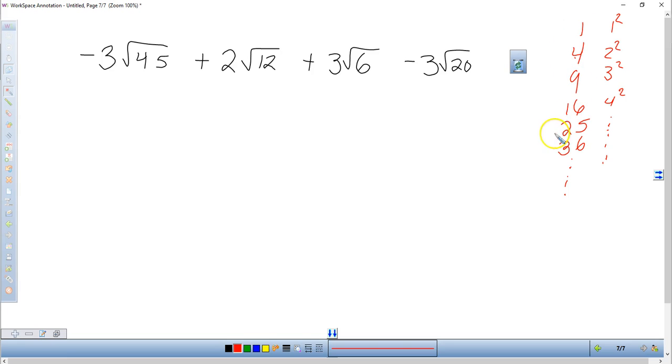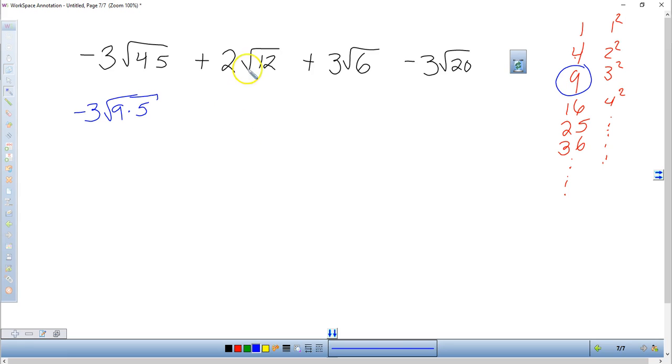That's how we generate this list. Is there a perfect square from my list that divides into 45? And the answer is yes. It's right there. So I've got negative 3 square root of 9 times 5.